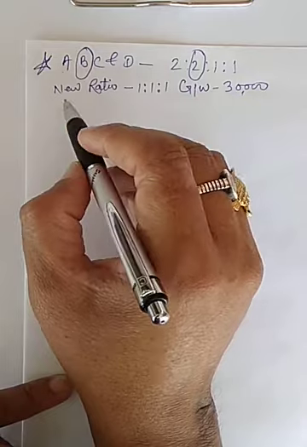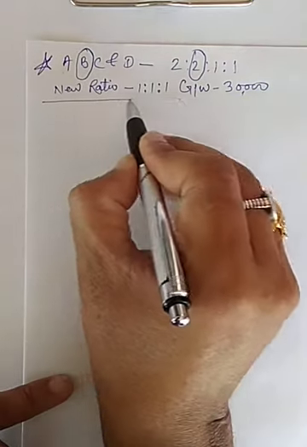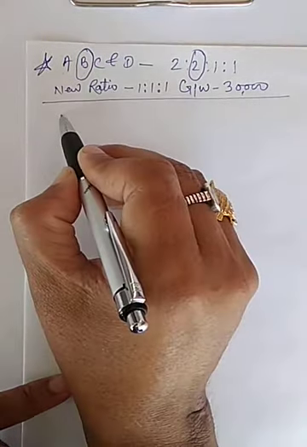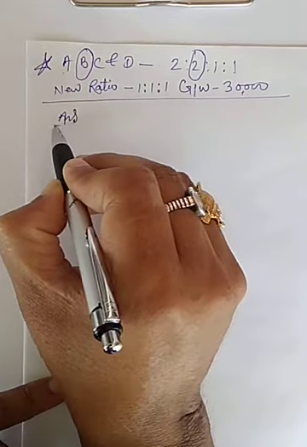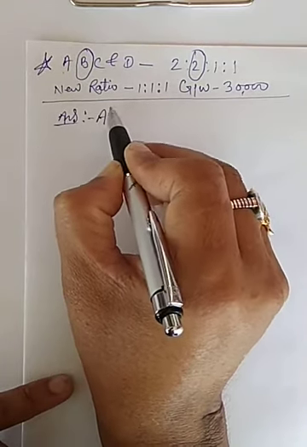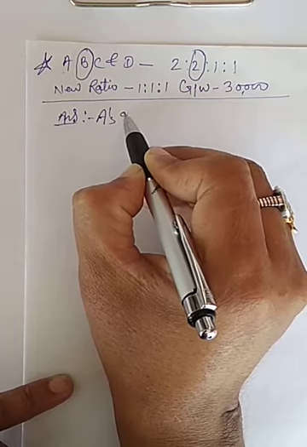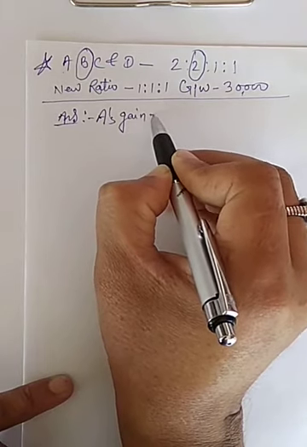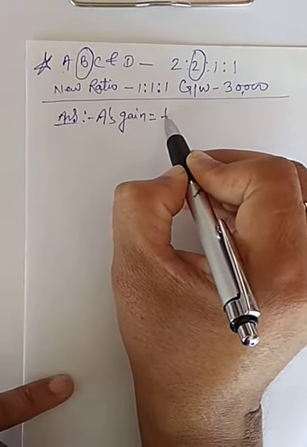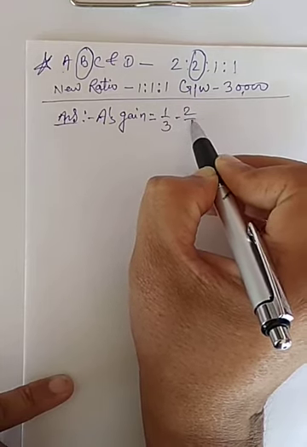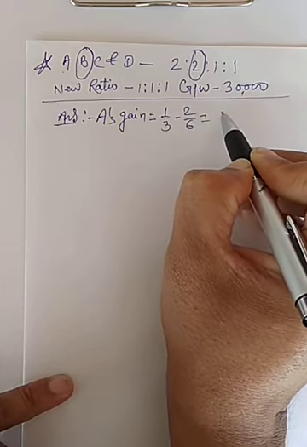First I will calculate the gain share. So the answer: A's gain equals 1 by 3 minus 2 by 6. It will be 0.